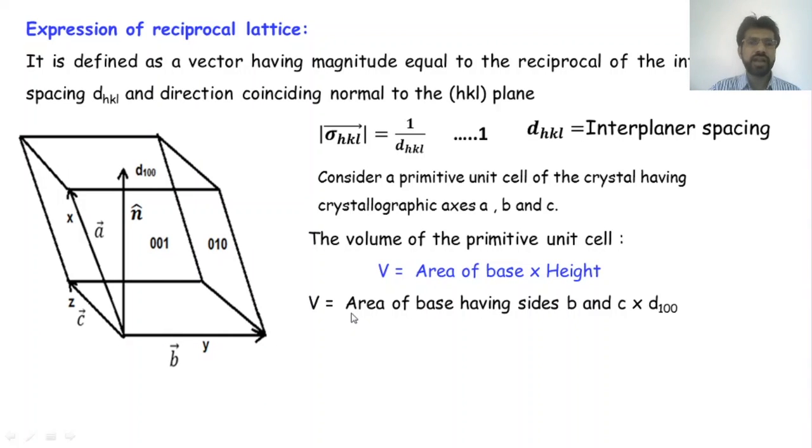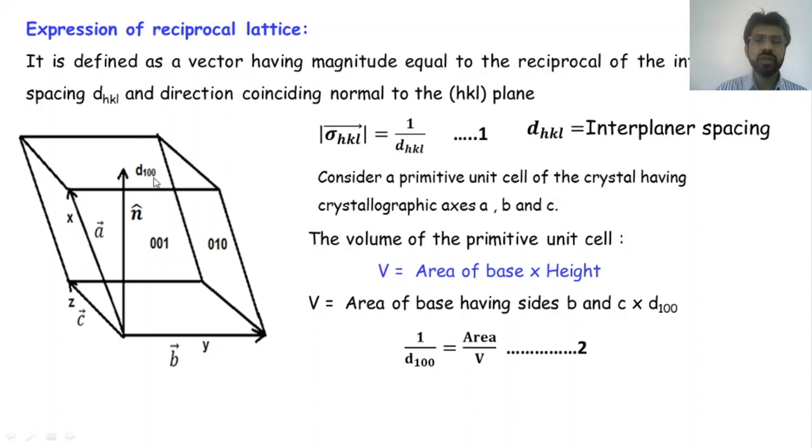So V is equal to the area of the base, having sides b and c, multiplied by the height d100. If we consider the area of this primitive unit cell, and draw the normal to the plane 100, its interplanar distance is d100.